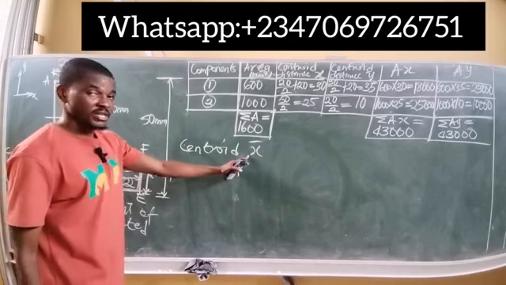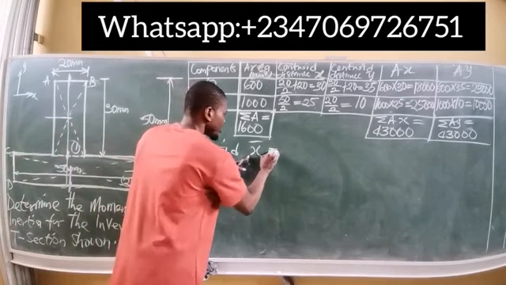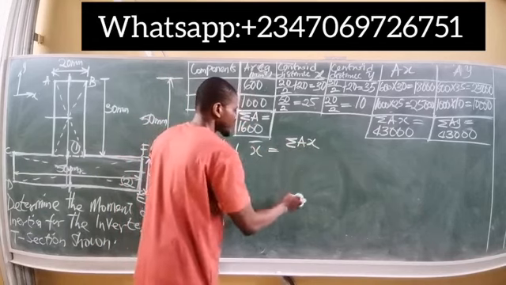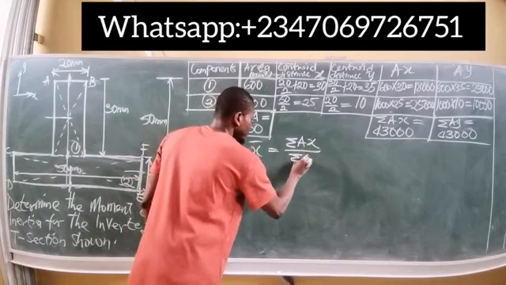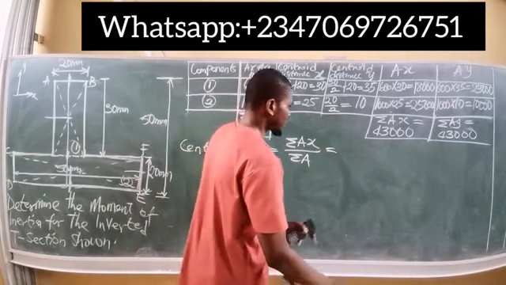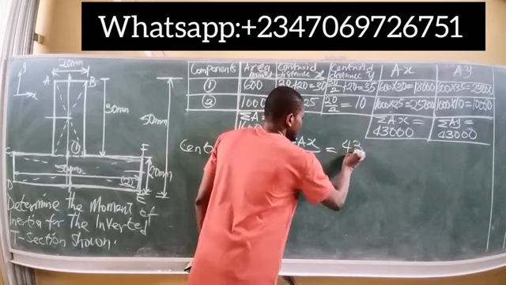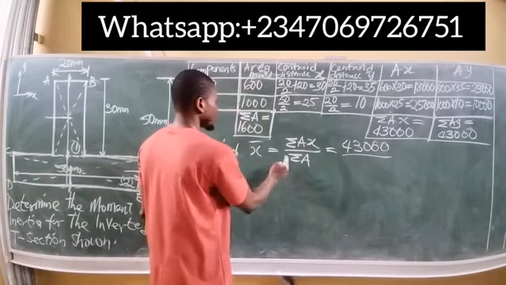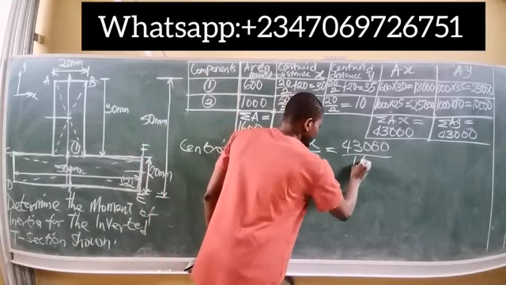This represents the centroid in the x-axis, x bar, and that's simply giving us what? Summation of the product of the area and central distance x all over the summation of the entire area. So this is equal to summation Ax, which gave us 43,000, all over the summation of the area, which is 1,600.